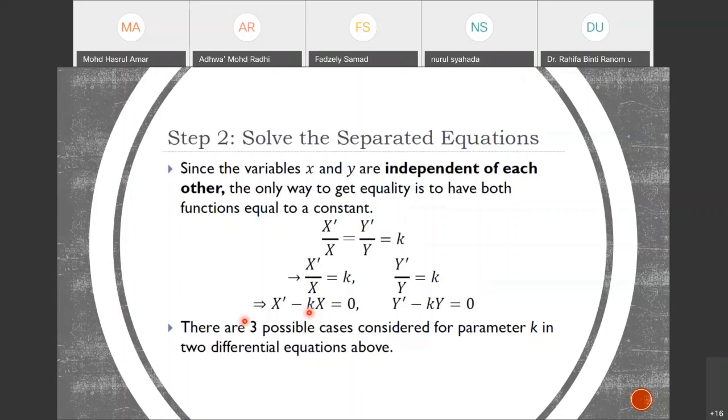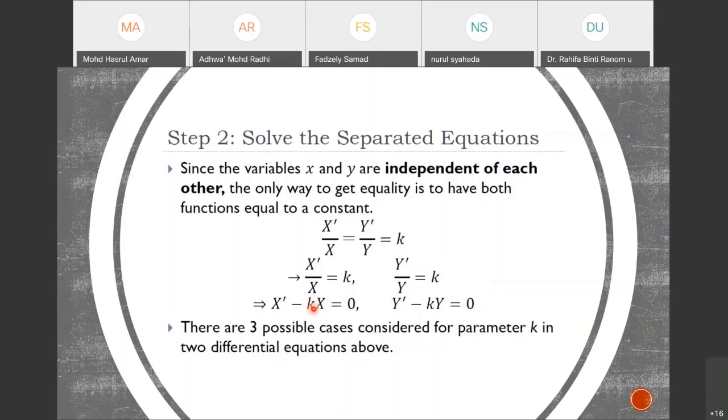Alright, then k ni, the value of k here has three possible cases. k can be positive, k can equals to 0, and k also can be negative. So we don't know what is k, right? k boleh jadi positif, boleh jadi kosong, boleh jadi less than 0.